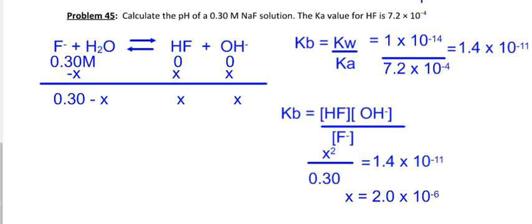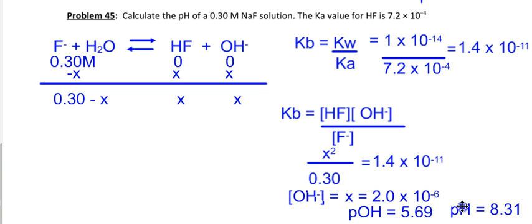So here's our x value. And now what? Well, what is x? Go back and look up here. Oh, it's hydroxide. x is hydroxide. So I can't find the pH immediately. So if I hit the negative log button, what do I get? pOH. And therefore, I have to subtract from 14 and I get pH.